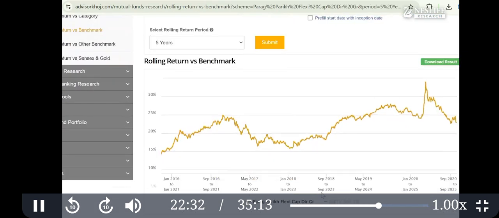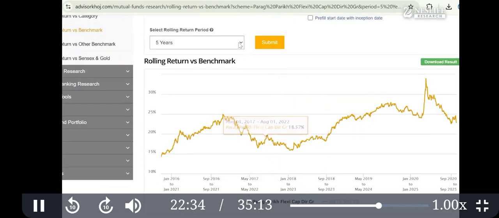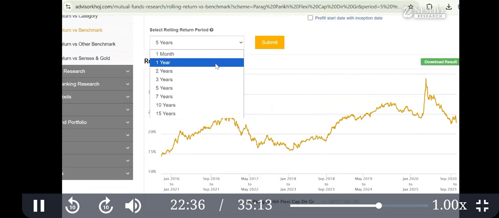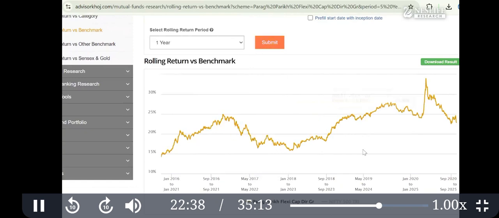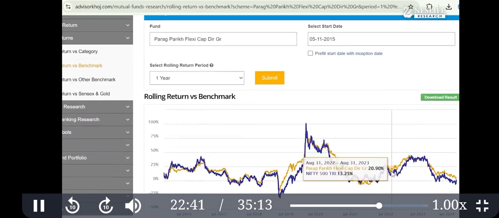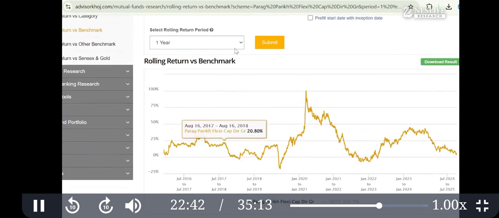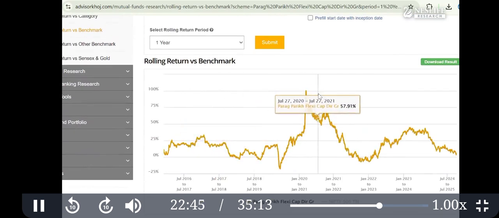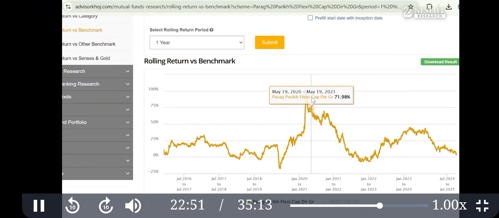I'll remove the index, or start from 1 year. Okay, 1 year rolling return. What does the chart represent? This is 1 year data. If you see the arrow here, see the data. As of now, my mouse shows a 1 year return between May 2020 and 2021.